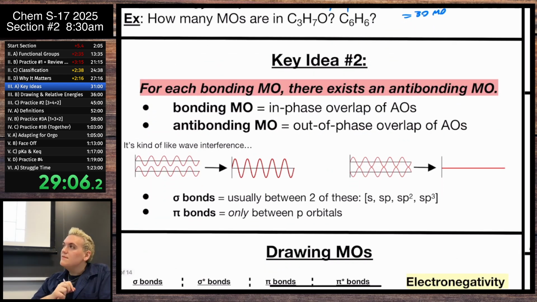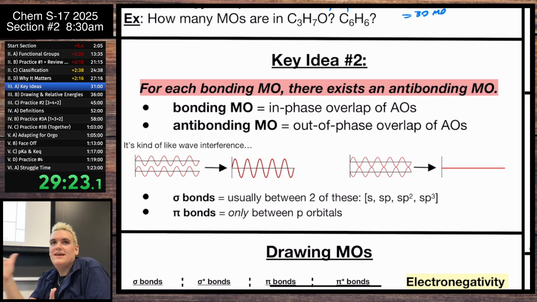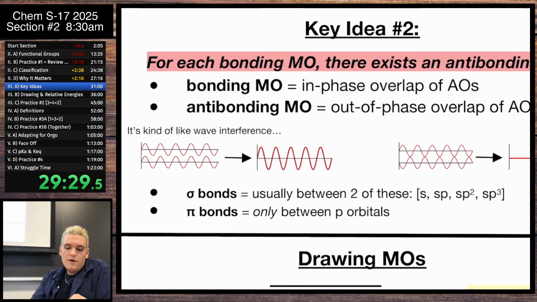Second big idea. For each bonding molecular orbital, we have an antibonding molecular orbital. Now that's probably a new idea to a fair amount of people in the class. Your Gen Chem class might have covered it. But the metaphor to explain this that I really like comes from physics. And I know everyone has had different backgrounds with physics. You might not have had a physics class talking about waves. But one of the ideas in physics is there are a few ways that you can combine waves and a special thing happens.